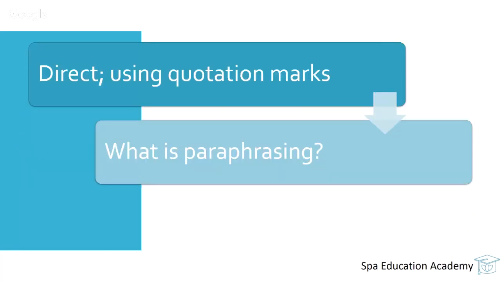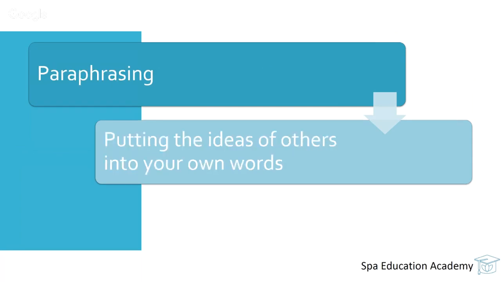Directly quoting is when you use quotation marks, okay? So you will put the quote exactly as it has been written, the exact words, and you'll put quotation marks there. Now, sometimes this means that it doesn't really flow very well in your sentence. So another option is to paraphrase. Paraphrase is putting the ideas of others into your own words, okay?